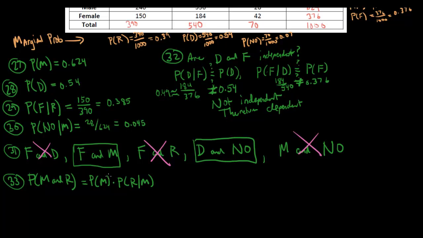I should have said this caveat a few seconds ago. This is because these two events are not independent. If these two events were known to be independent, which they're not, you could just multiply the probability of being male times the probability of being Republican. But you have to check for independence, or here's the safe way. The safe way is to always do it this way.